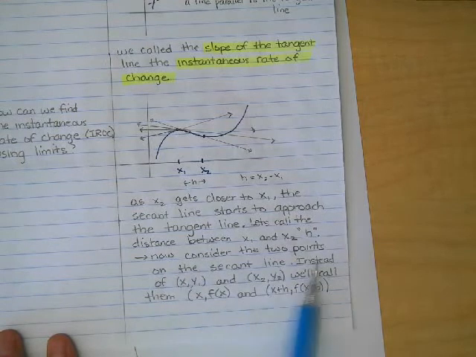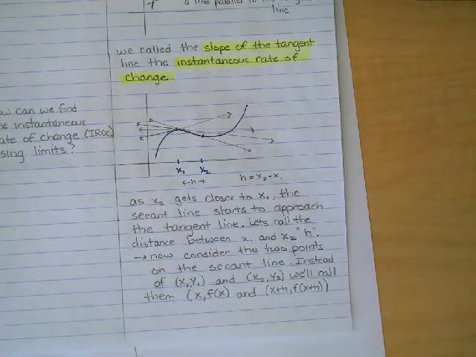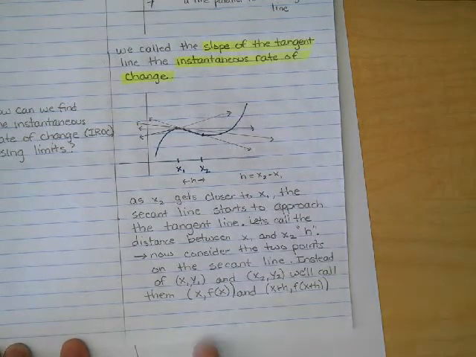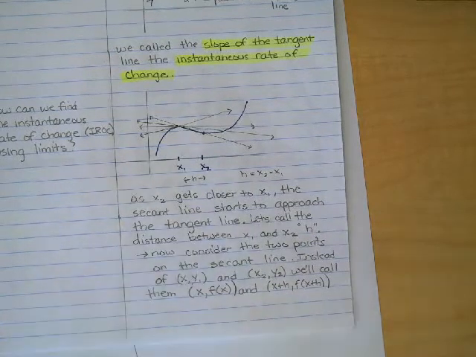So the points on the secant line, instead of x1, y1, x2, y2, we'll call them x, f of x, and x plus h, f of x plus h. Okay, so I want you to really think about how does that work? In your mind, think about where h is and where the coordinates of those 2 points are.